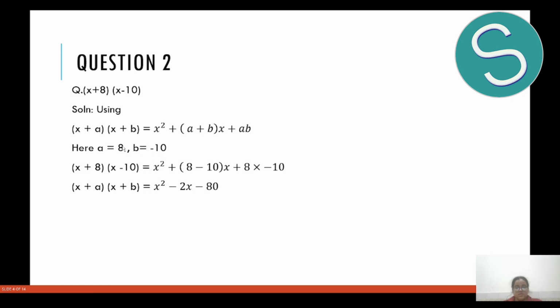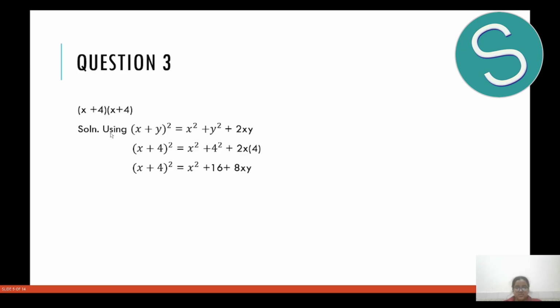On comparing this with the identity, now we will apply it. So the identity gives x square, then (a plus b)x. Here a is 8 and b is minus 10. So 8 plus minus 10 is minus 2x, and 8 into minus 10 is minus 80. So (x plus 8) into (x minus 10) equals x square minus 2x minus 80.